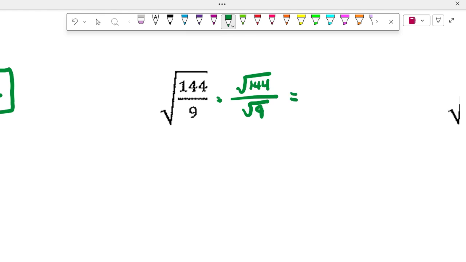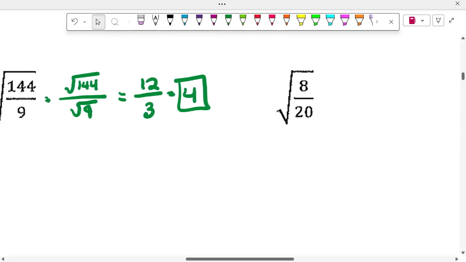What's the square root of 144? 12. Square root of 9? 3. What's 12 divided by 3? 4. So that's typically what you want to do if you have a fraction under the radical. Rewrite it as 2 separate radicals, one in the numerator, one in the denominator. Simplify where you can, whether it's taking that square root or rationalizing.